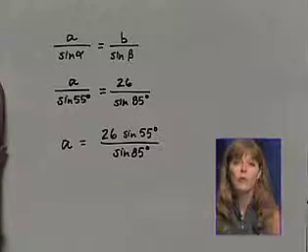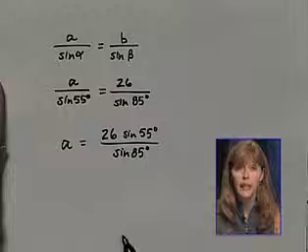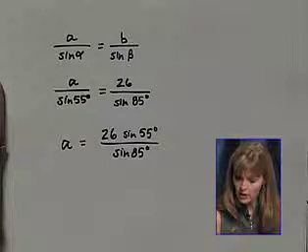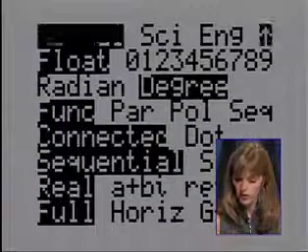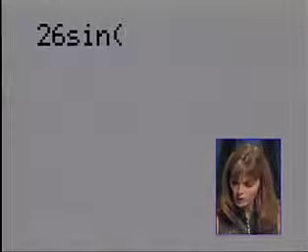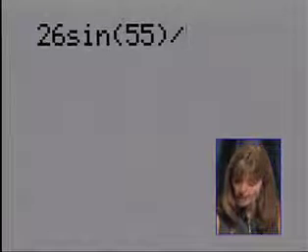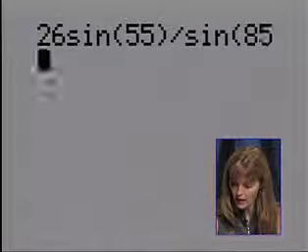And now I'm going to use a calculator in order to get an approximate value for A. Here, we want to go to the calculator and make sure that we're in degree mode. Noting that, we're now going to substitute in the values that are given. We're going to have 26 multiplied times the sine of 55, and then we're going to divide that by the sine of 85.